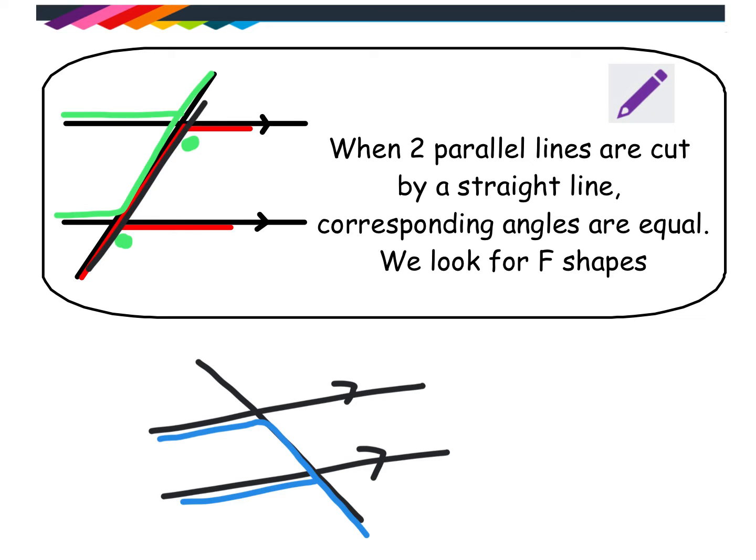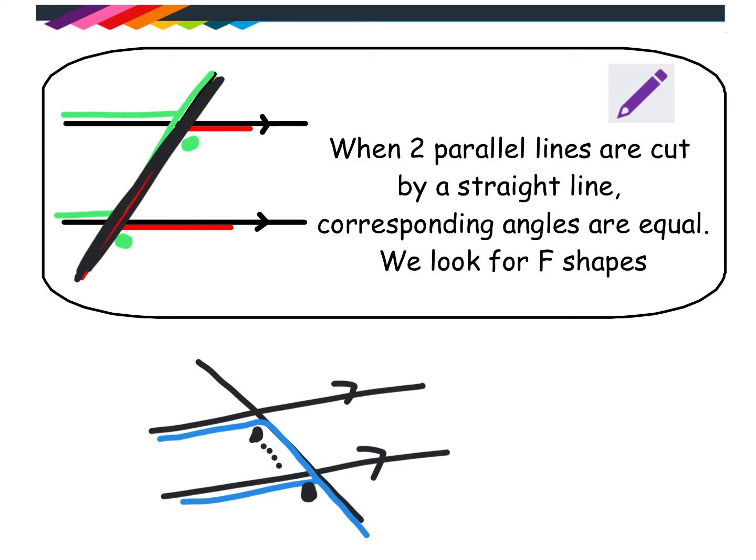So they are corresponding. But that also means that if I look at my blue F shape down here, this one here, if I slide that down, this corresponds to this one here. So that is called another corresponding angle. So the ones that are trapped inside the F shape in the same position as each other are corresponding.